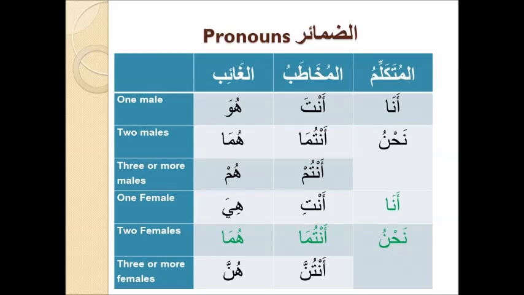And the غائب, the one who is absent, one male, هو, two males, هما, three or more males, هم, one female, هي, two females, هما, and three or more females, هن.